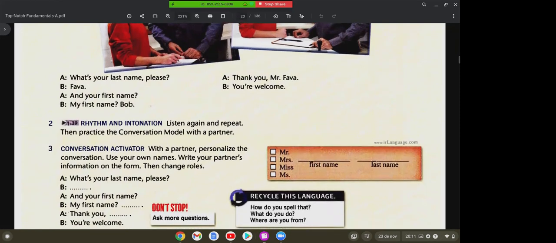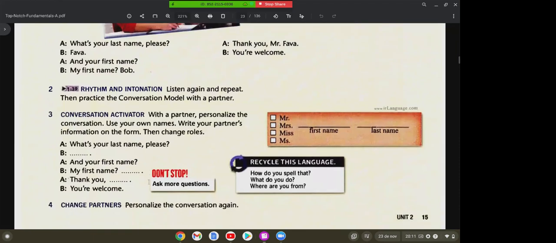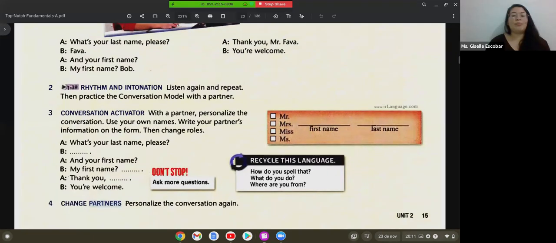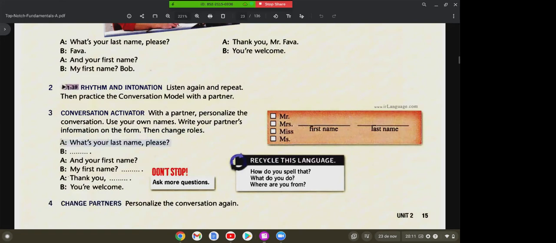Okay. Perfect. Now, let's change roles. Same partners, but change roles. So, Anna, you can start the conversation and then Brian has to be letter B. What's your last name, please?